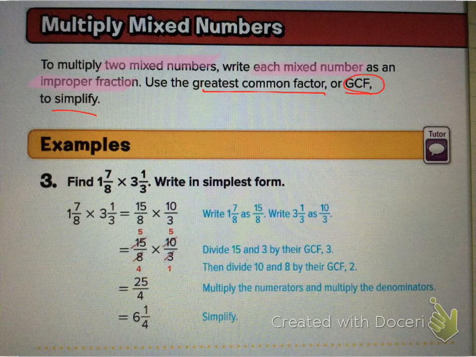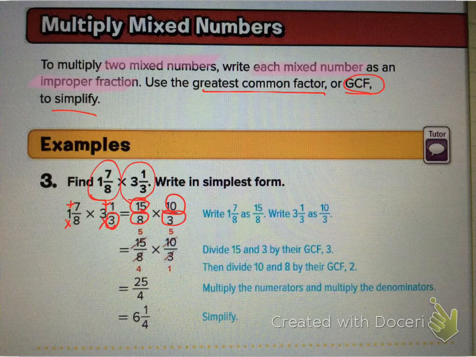So, we have 1 7/8 times 3 1/3. We have to multiply and add. 8 times 1 is 8, plus 7 gives us 15. Our denominator stays the same all the time. Then we have to do the same thing to the next one. 3 times 3 is 9, plus 1 is 10. Our denominator is 3.